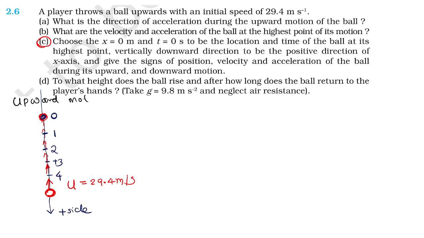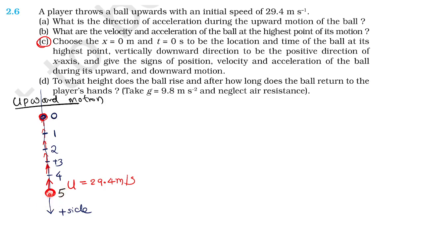I am talking about upward motion. I will draw a separate diagram for downward motion. Let this point be some number, so you will not have any confusion then. Let it be plus 5. Ground plus 5.